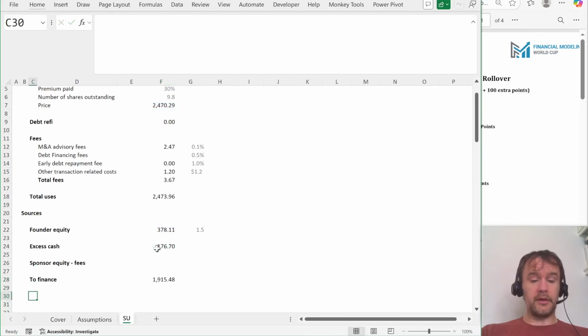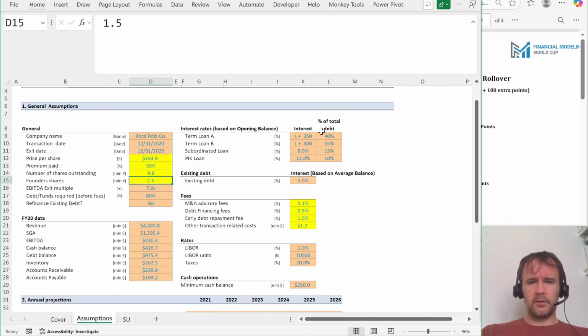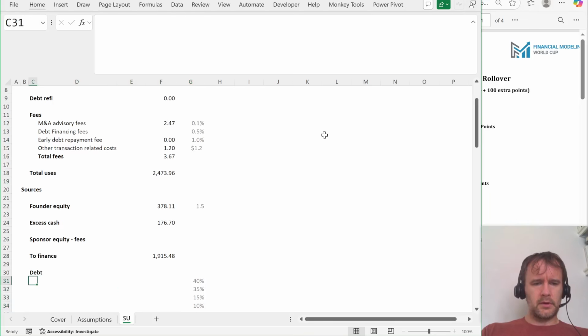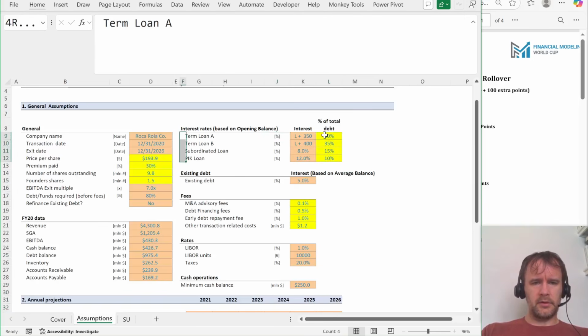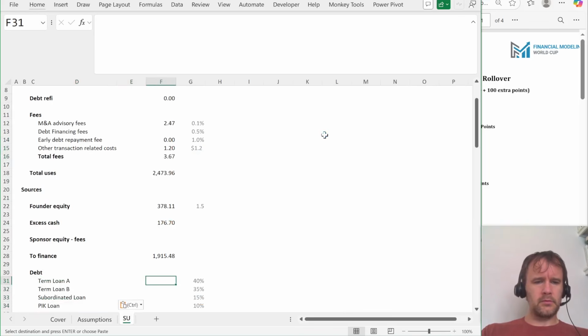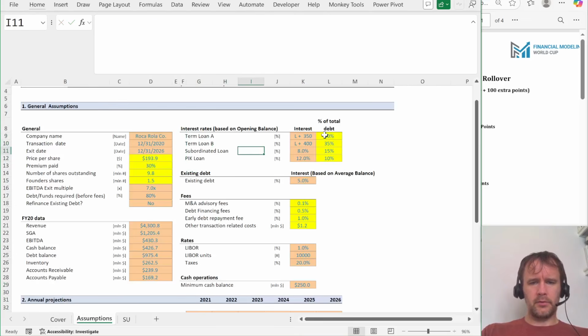Okay, then debt. So our mix of debt is this, and our types of debt are this. Sorry, and our overall percent of debt is here.